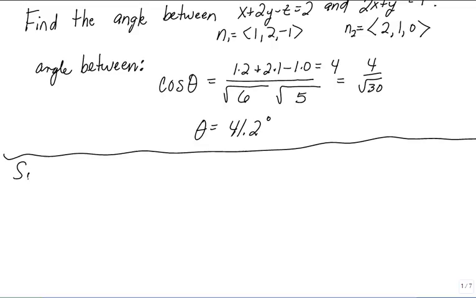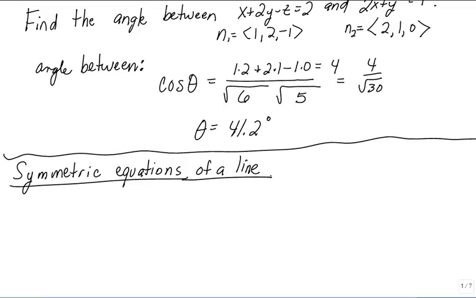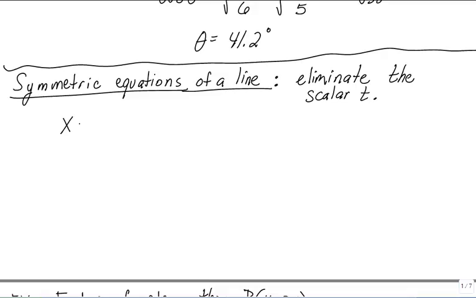Let's go back to lines for a minute. I want to go back and get what's called the symmetric equation of a line. All you do to get this is eliminate the scalar t. So we get rid of t, and what we get is x minus x1 over a equals y minus y1 over b equals z minus z1 over c.